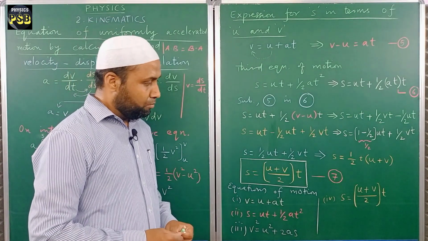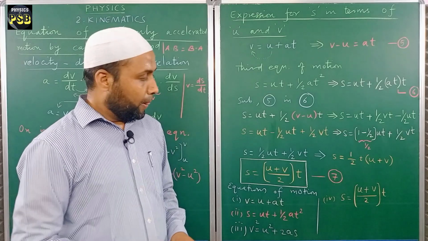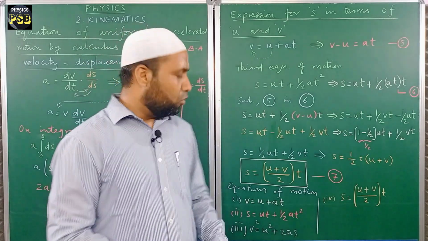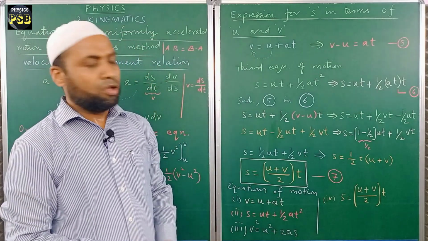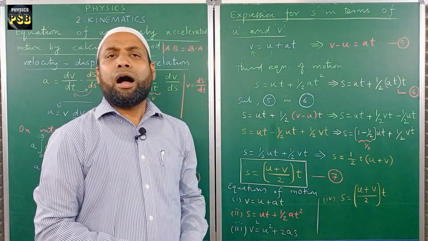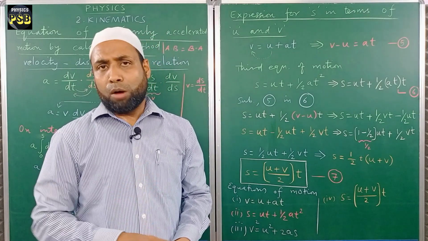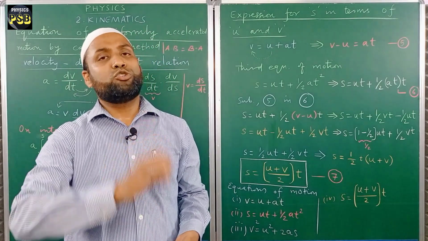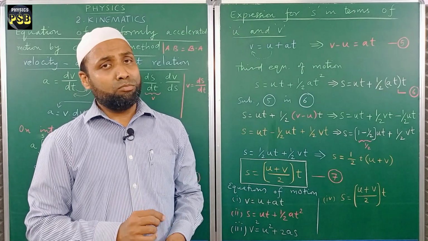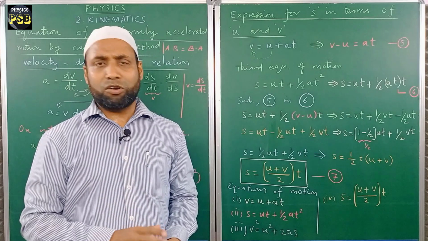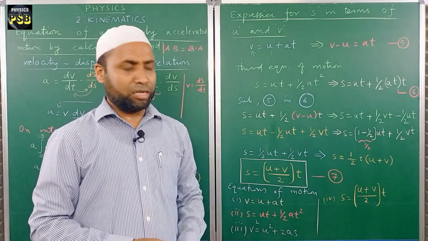Now, before I conclude, I would like to tell you a very important thing about these equations. All these equations are valid only for a moving object in a straight line. Suppose there is an object moving in a straight line with uniform acceleration, only for such an object can we apply these equations.